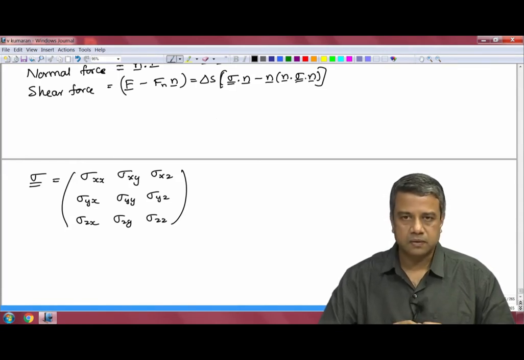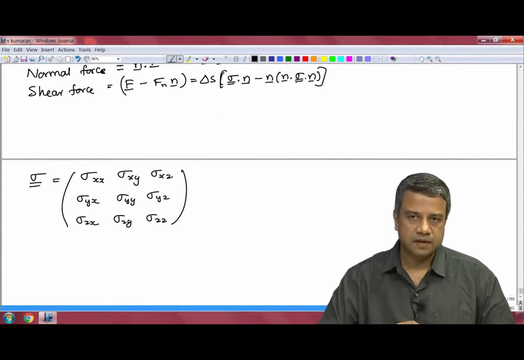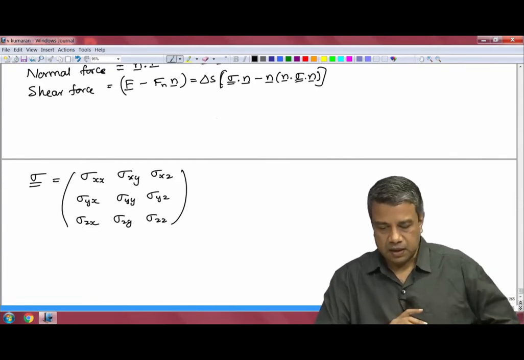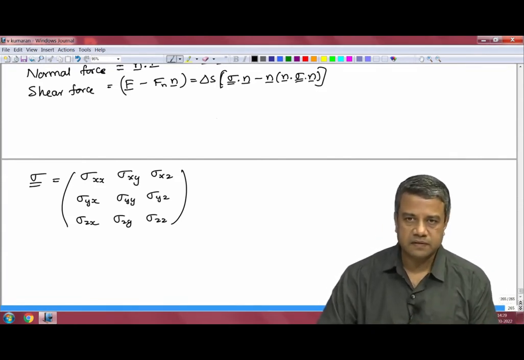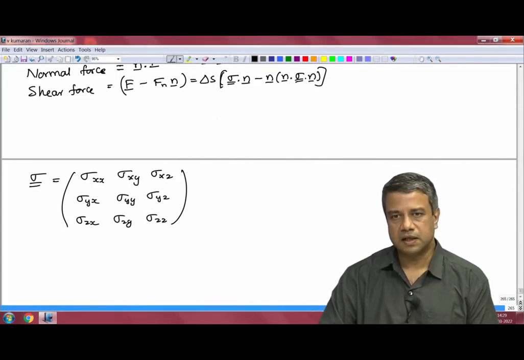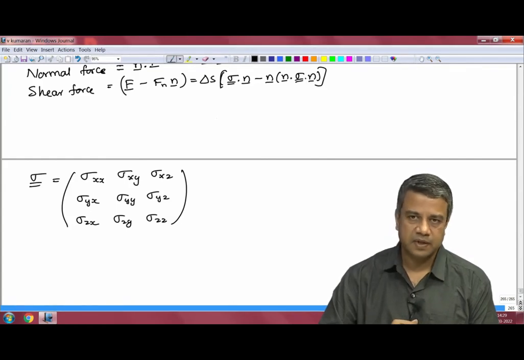So, if you rotate the coordinate system, the components of the flux will change. However, the flux itself is a vector at a physical position in space, which has an identity separate from the coordinate system that is being used to analyze it.